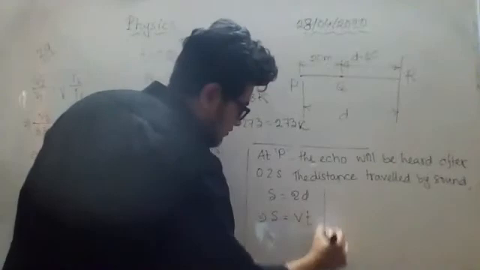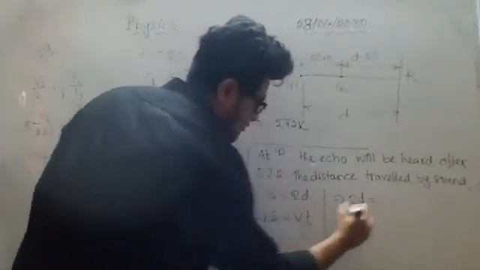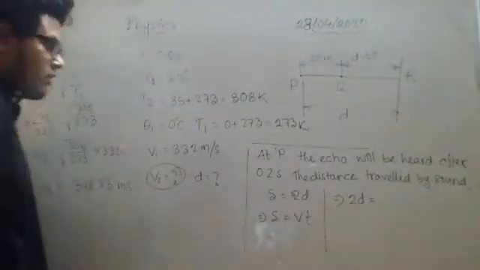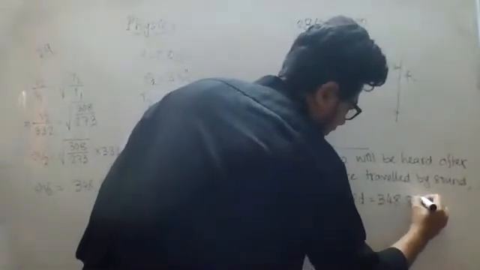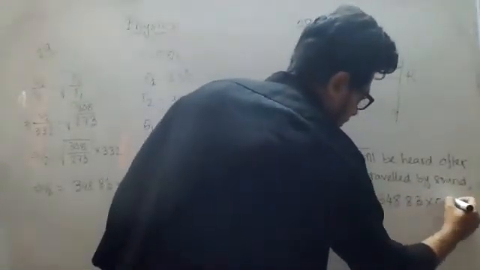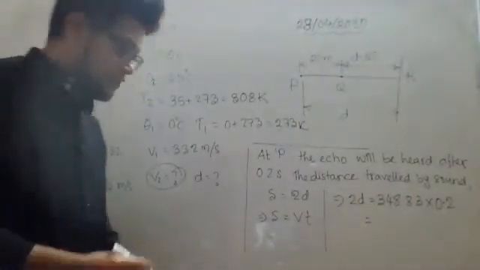I will replace the value of S, so 2D is equal to V into T. The velocity is 348.83, and the time taken is 0.2. So find out what will be the answer.